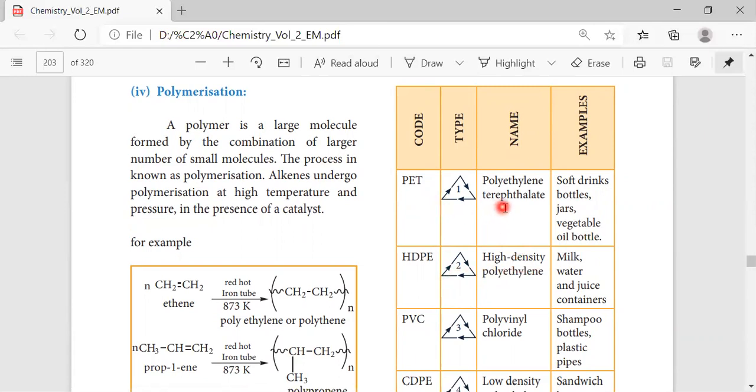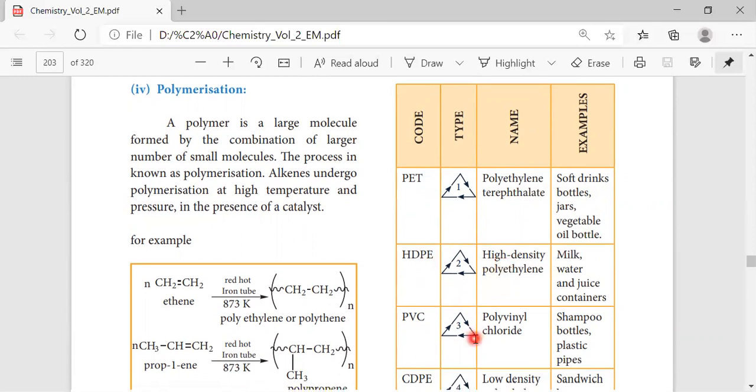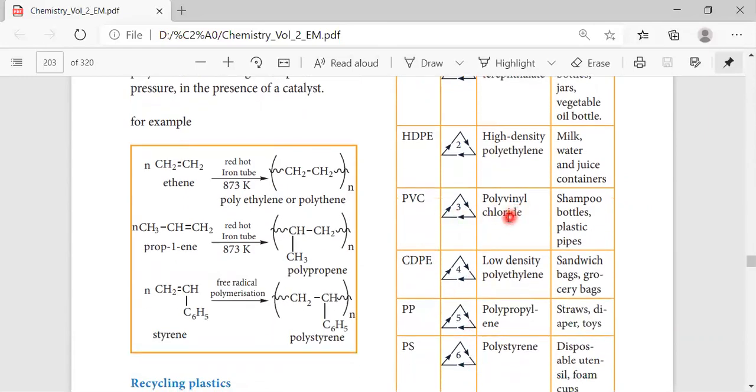So the plastic made by this HDPE, high density polyethylene. PVC, polyvinyl chloride. This is their quality. Shampoo bottles, plastic pipes, these are all PVC. LDPE is the low density polyethylene.